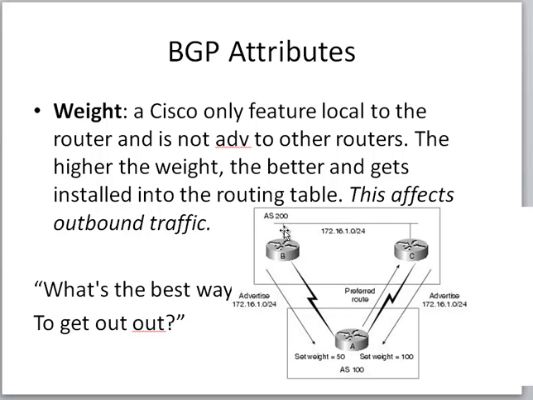Now I have this line here that says this affects outbound traffic. Let's say I live in house 200, and I'm telling my neighbor next door, who lives in house 100, Mr. 100, if you're going to come to my house, come through the front door, router C, which is my front door, and router B is my back door. So I will advertise out, and the weight will generally be on your edge routers.